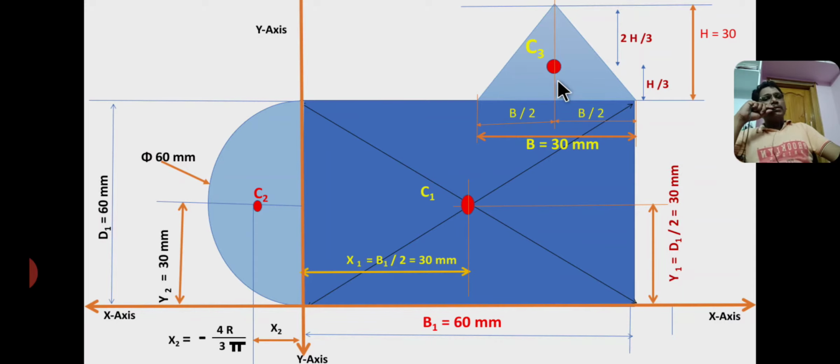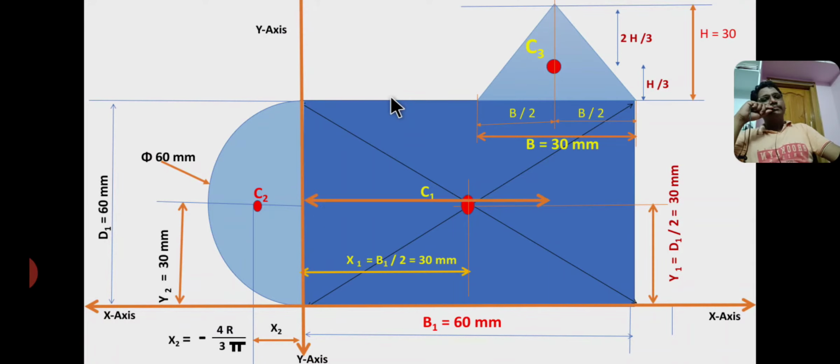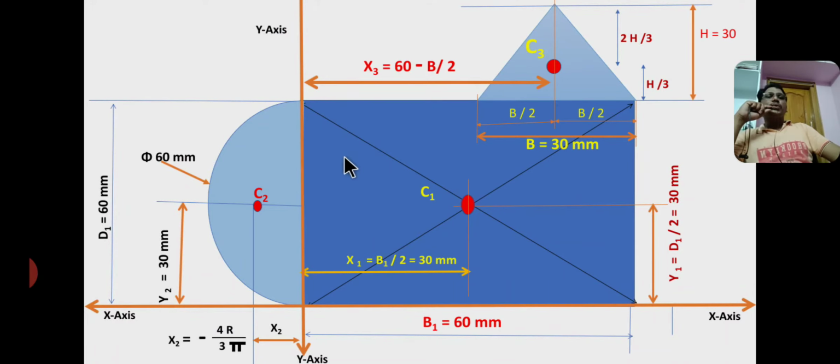Now the centroid C3 lies at a distance of x3 from the y-axis. This is C3. So the distance between C3 and the y-axis is x3. So x3 equals the total base of the square, 60 mm, minus the value of base by 2.